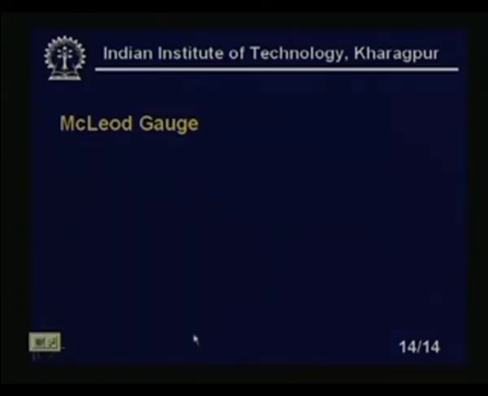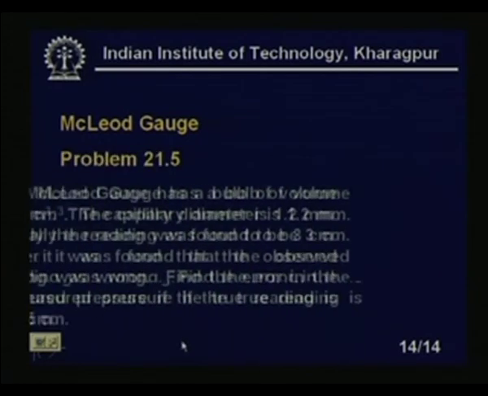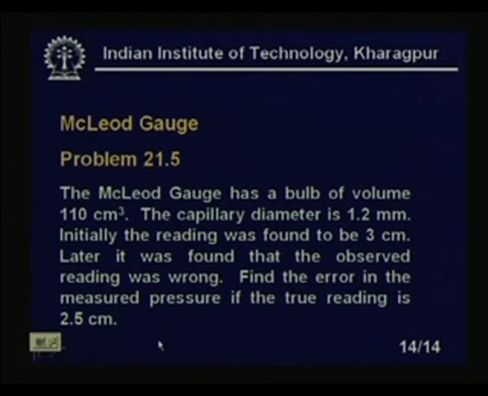This problem on the McLeod gauge is 21.5, I think. Yes, 21.5. The McLeod gauge has a bulb of volume. You must refer to the lectures or the video lectures of the low pressure measurements or the McLeod gauge. The McLeod gauge has a bulb volume of 110 centimeter cube.